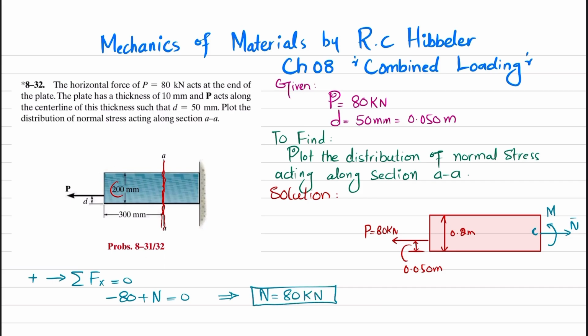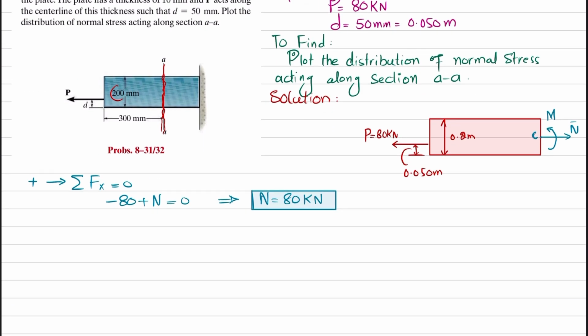Okay, so we have this, and now we will find the moment. For this we use the sum of all moments about point C must be equal to 0, taking the counterclockwise moment as positive. About this point C, one moment is this reaction moment M, which is counterclockwise, so it will be positive. The other moment is due to the force times the perpendicular distance. You can see the total height is 0.2, so half will be 0.1 meter.